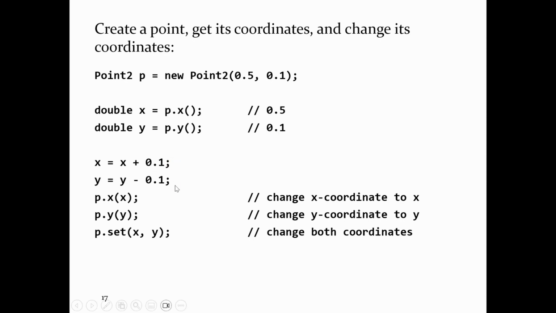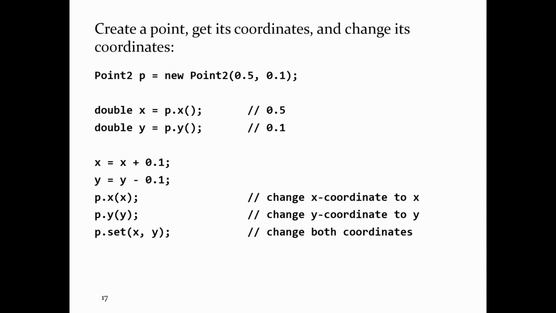I'm now going to change the value of x and y. So when I change the value of x and y, it's that x and that y I'm changing. I'm not changing the coordinates of the point yet. I'm just changing the values of x and y. It doesn't matter how you change them. I can then ask the point p to set its x coordinate to the new x value. So the class Point2 has two methods called x.